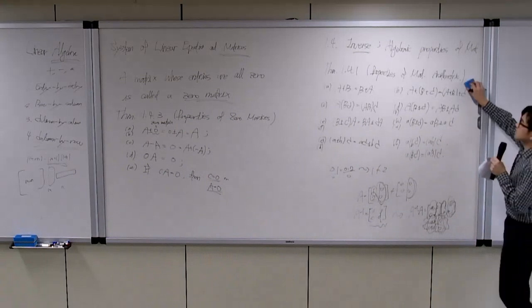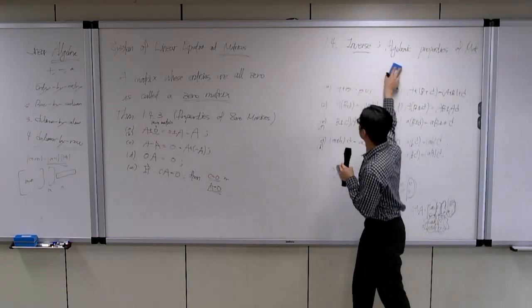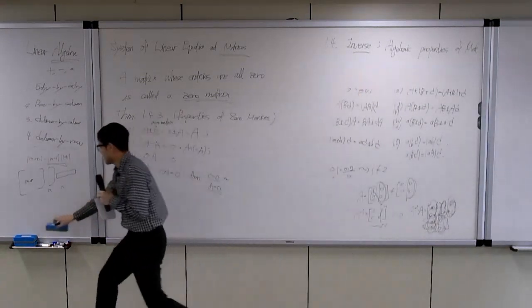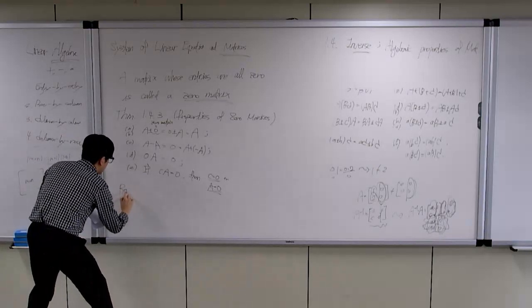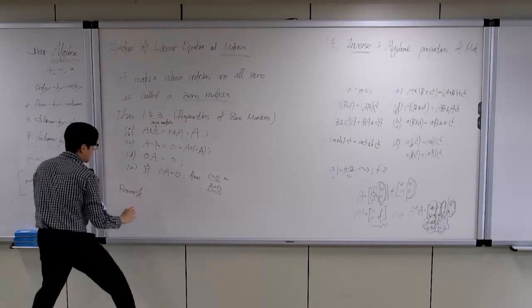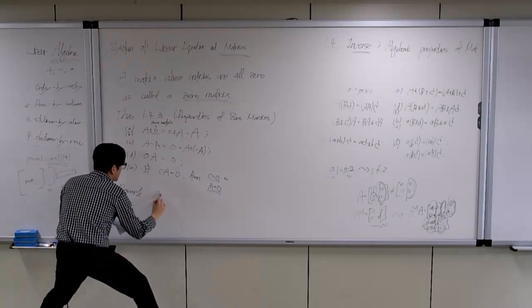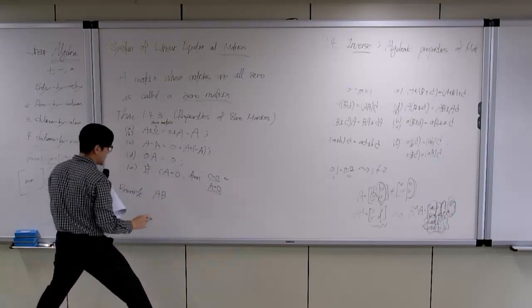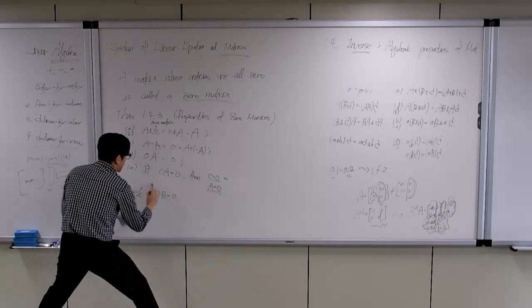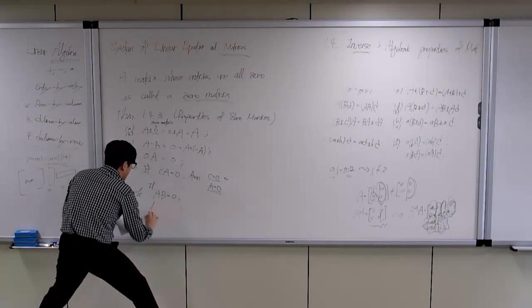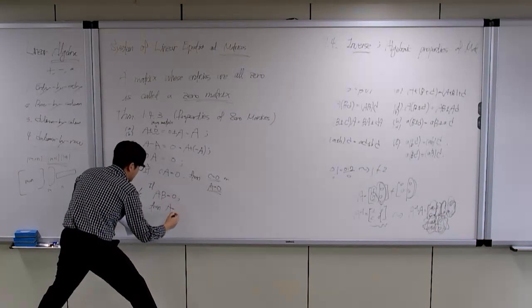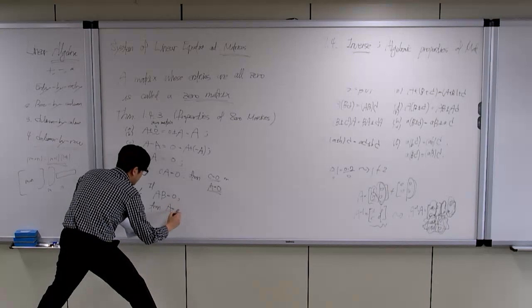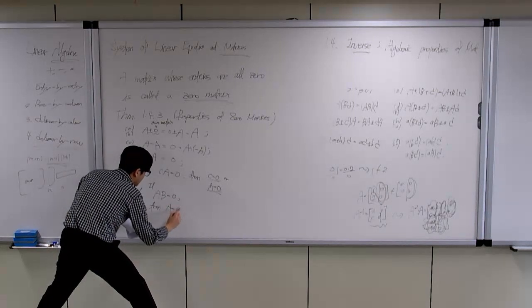But that does not mean that if we multiply two matrices A and B and the result is 0, then one of them is 0. The following statement is not true.